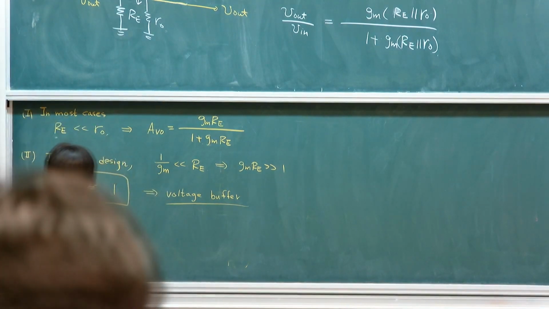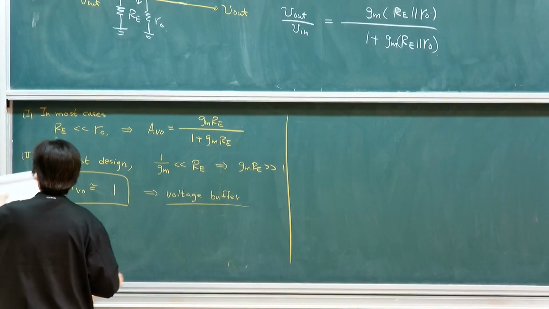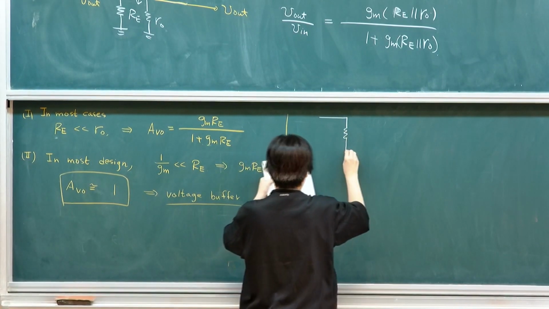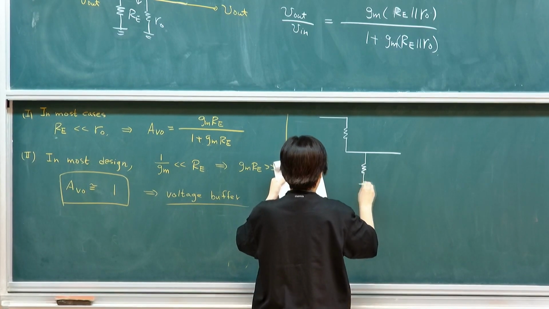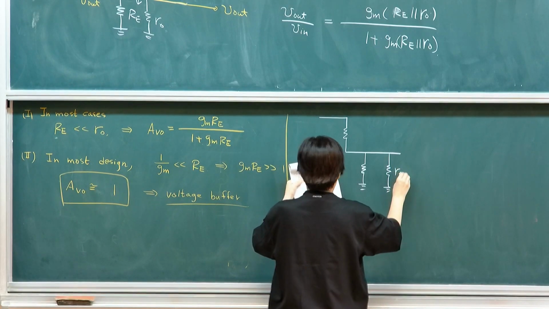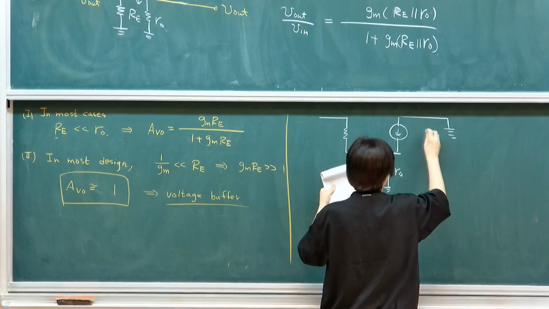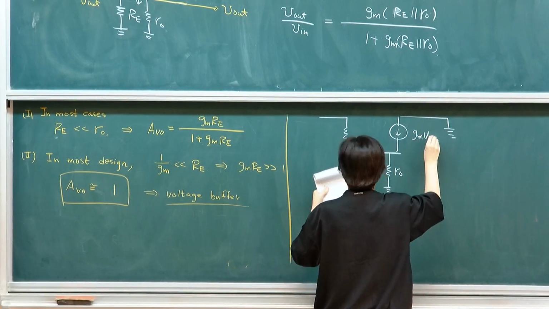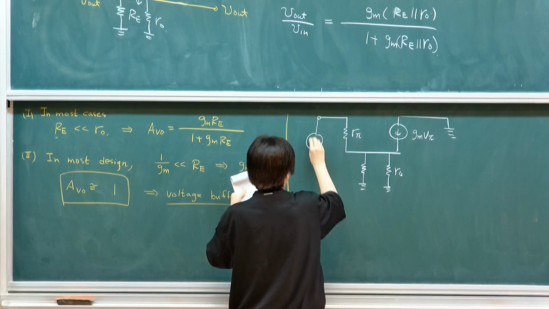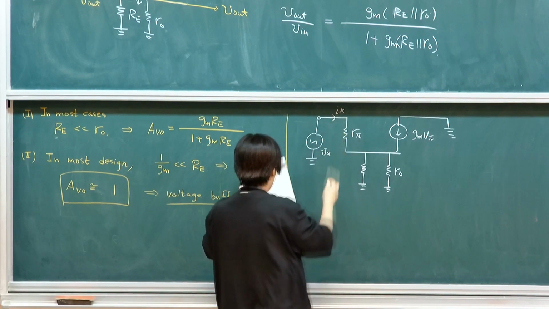Okay? So we still might have time to look at input resistance. Input resistance will be something like this. The equivalent circuit will be something like this: GmV pi, R pi, and I'm giving a test voltage and looking at the test current.